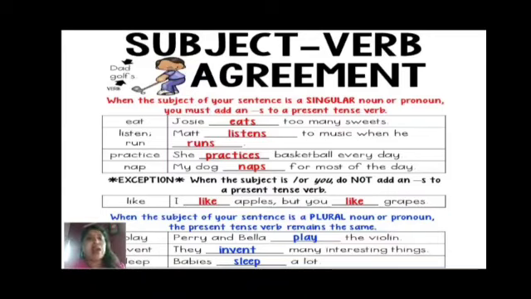Now let's take a verb for example. Let's take read as an example. So how am I going to modify the verb according to the subject? When I say read, I'll have to place it after each subject pronoun. I read, you read, we read, you read. Now let's go to the third person.